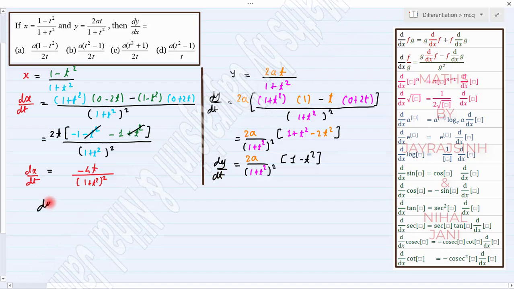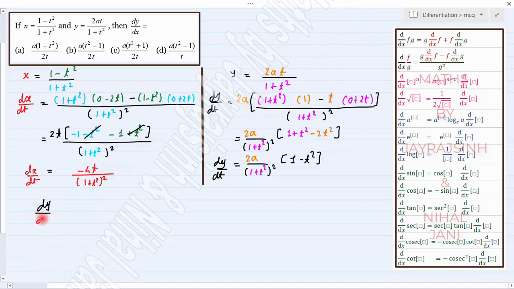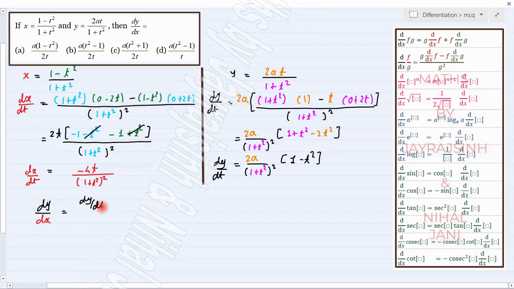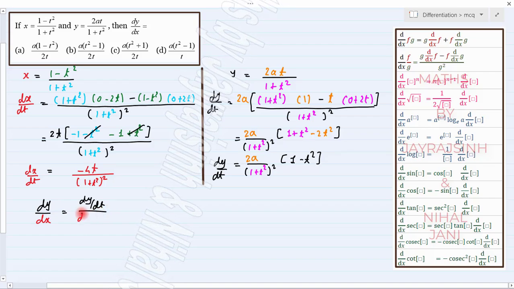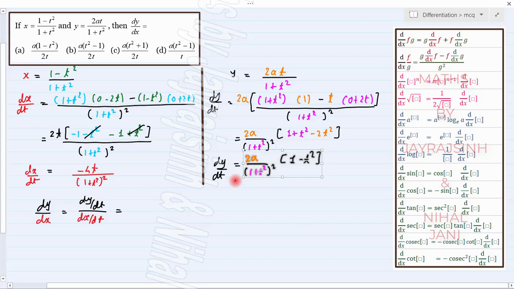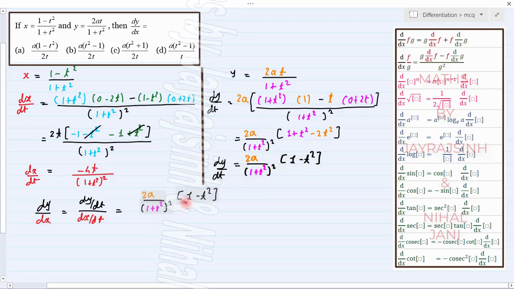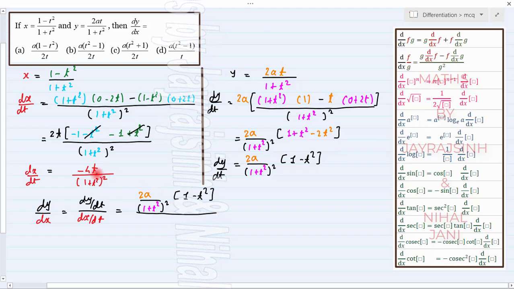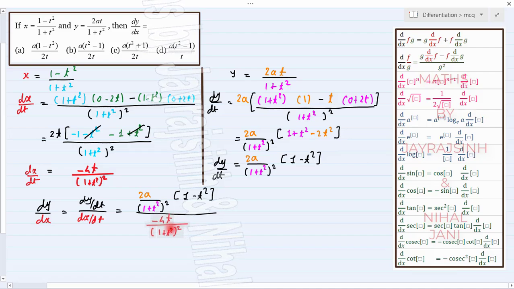So we are ready to find out dy by dx by taking the ratio of dy by dt upon dx by dt. In the numerator, we substitute the value of dy by dt, and in the denominator, we substitute the value of dx by dt.